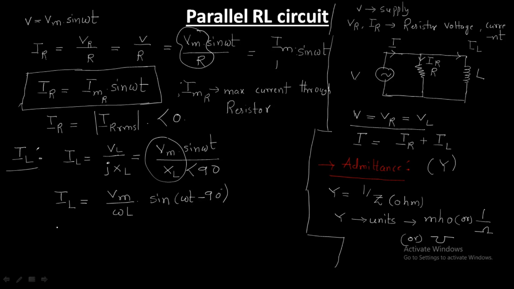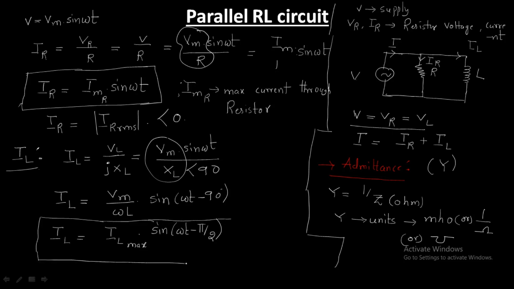Finally we can write the current through the inductor equals Vm by omega L, the current through the inductor maximum value, into sin omega t minus pi by 2. So this is the current flowing through the inductor.